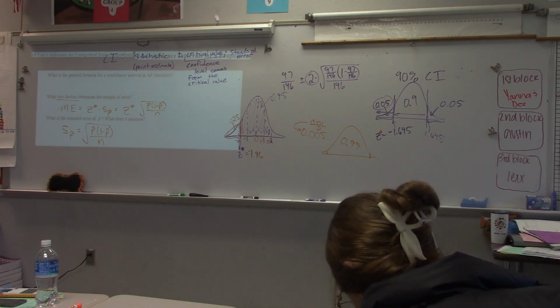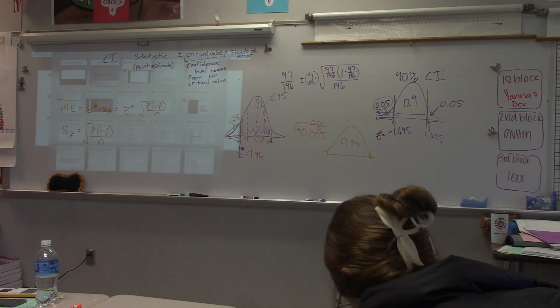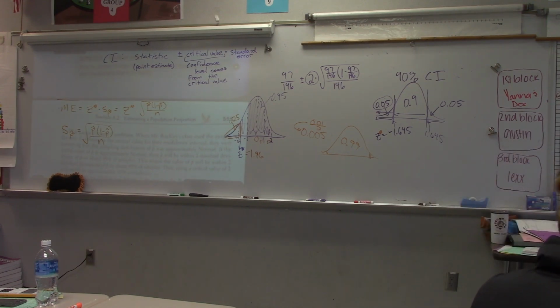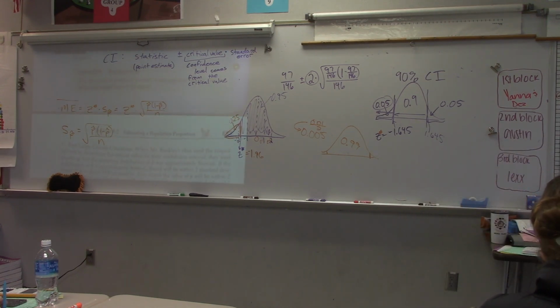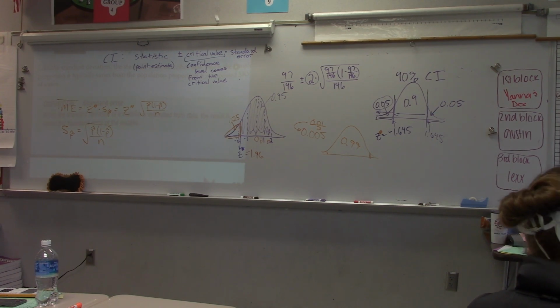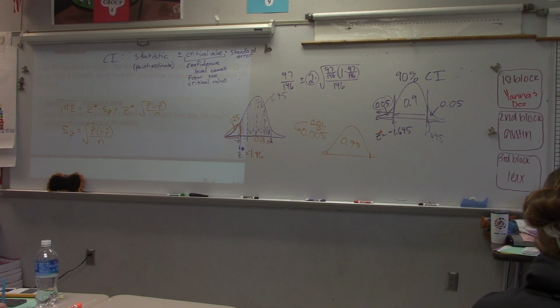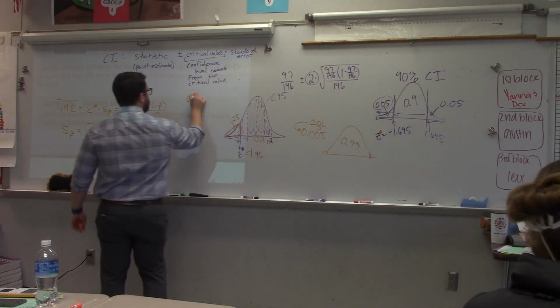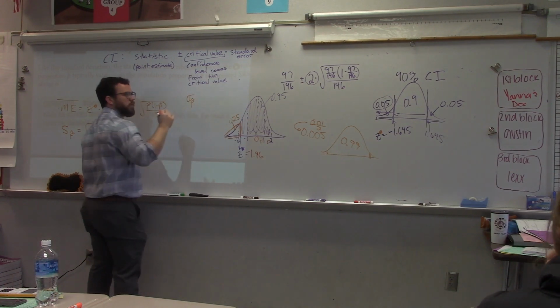So what is that standard error measuring? That's one of those things that we need to be careful about. What is the standard error measuring? It is estimating the standard deviation of what? Not the population, not the estimated value. Remember, it was the standard deviation of the sampling distribution, right?